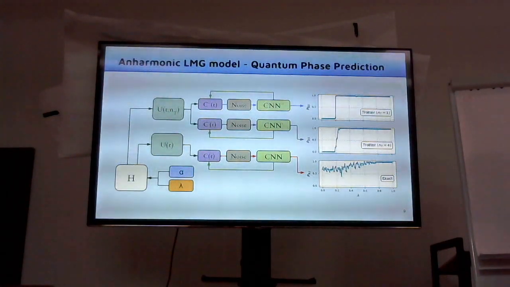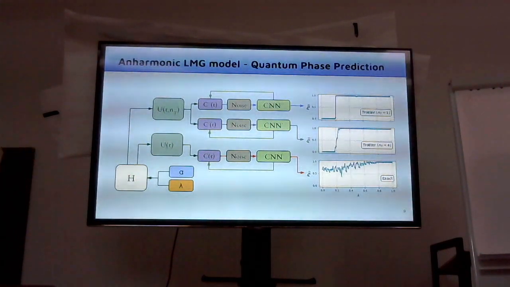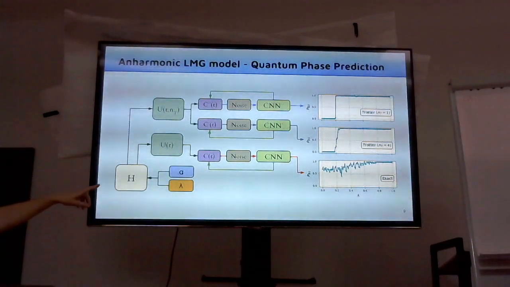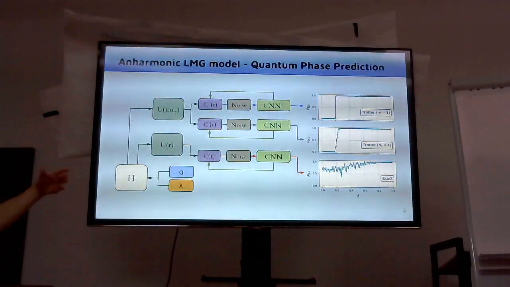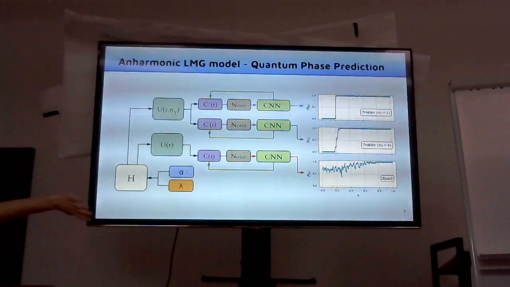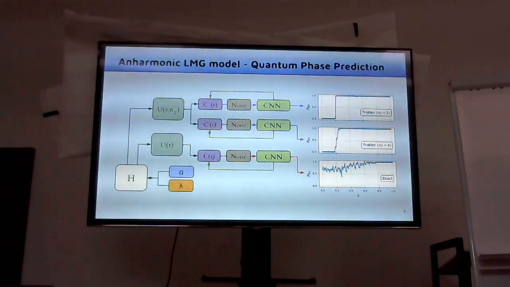Yes. For me, it wasn't clear in this specific slide at the combinational level. The CNN from the first case, that one, is trained with the exact evolution, right? Yes. The second one, going up, is trained with an amount of Trotter steps which is fixed or not?